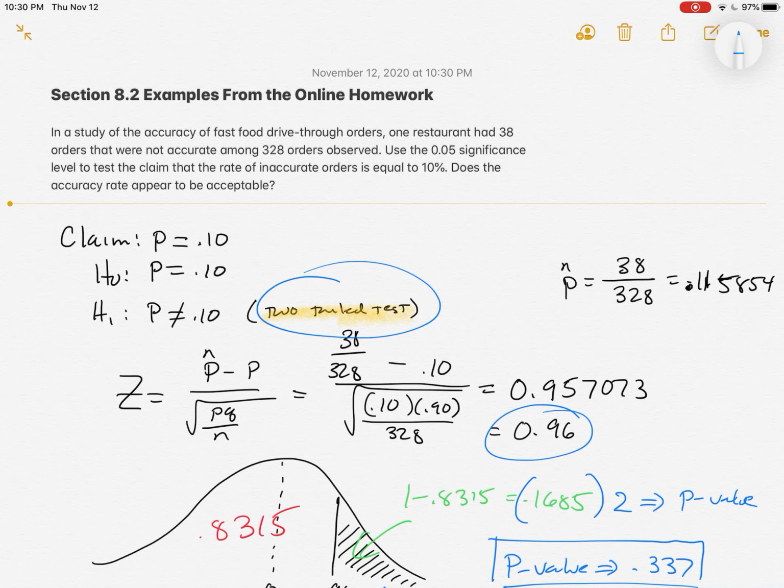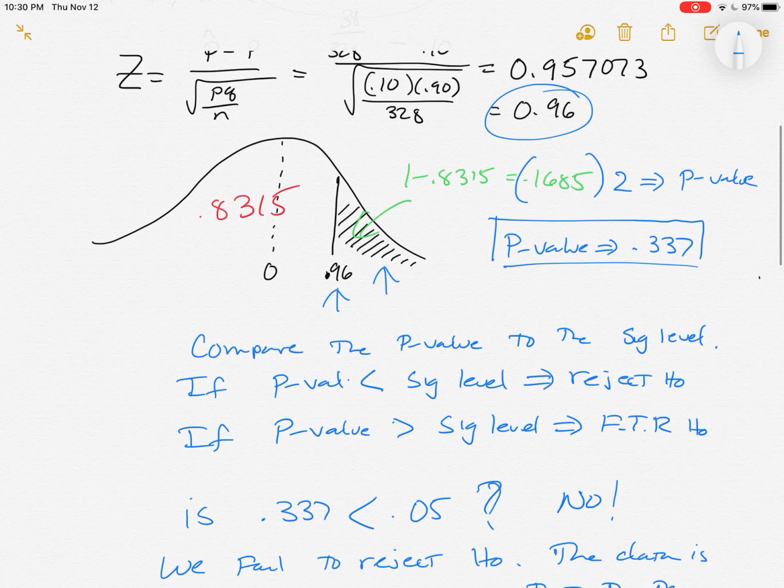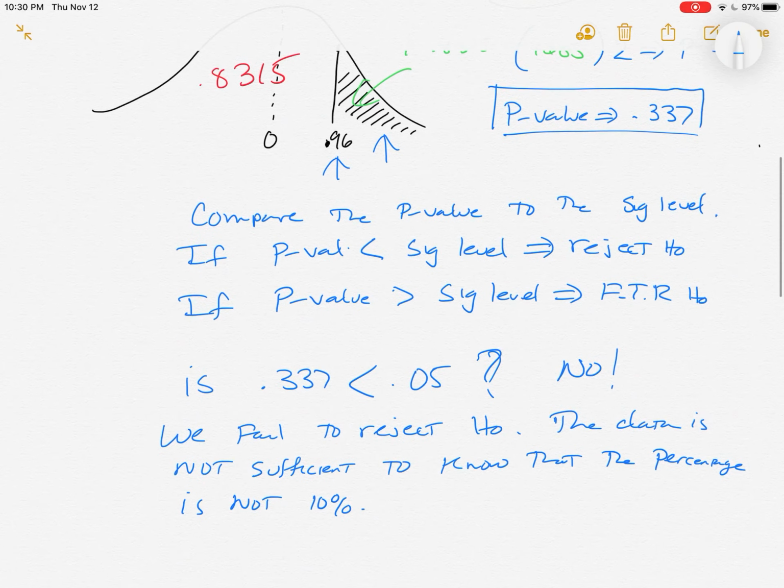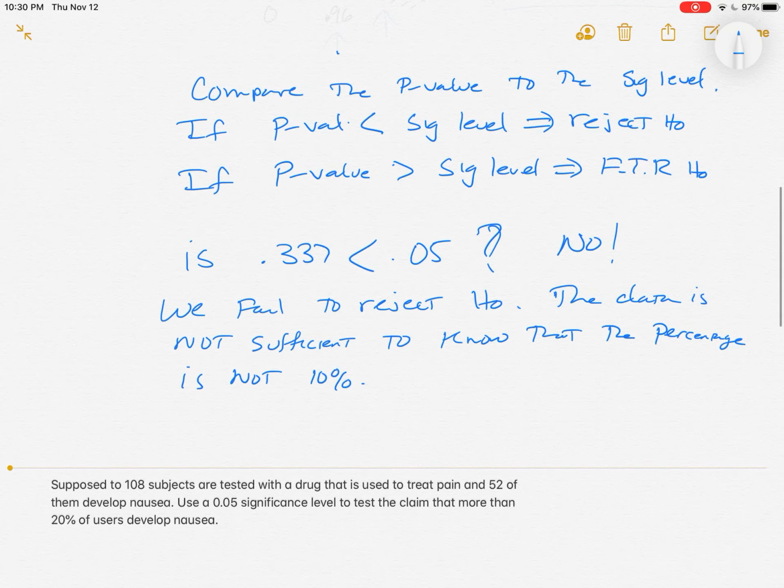I know it was our claim, but since our claim was written as an equality, the best thing that we can do is reject it. So the 11.6% is not far enough away from the 10% for us to disprove that it's 10%. In fact, that p-value is super high, right? It has a 33% chance of falling in there. And so that's not a significant thing. We need to be less than 5%. So we fail to reject, and the data is not sufficient to know that the percentage is not 10%.